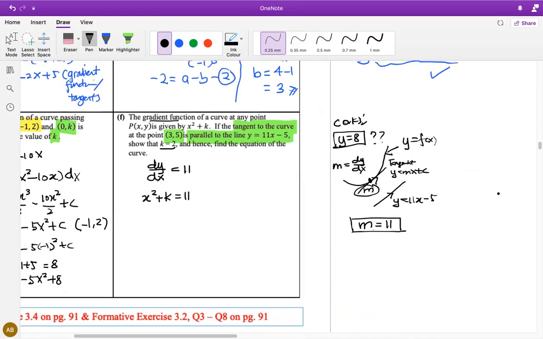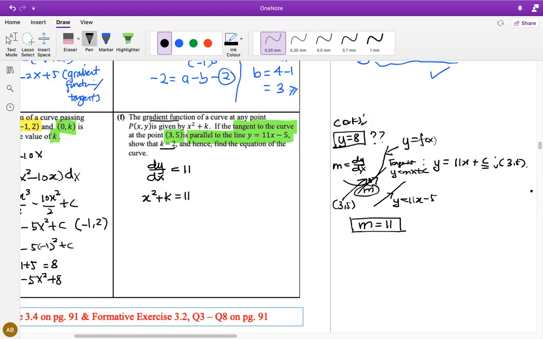Okay, by the way, the tangent is an equation of straight line. So the tangent at this point, that is 3, 5, I definitely will know that is y equals to 11x plus c. So I can get my c when I substitute 3, 5 in.